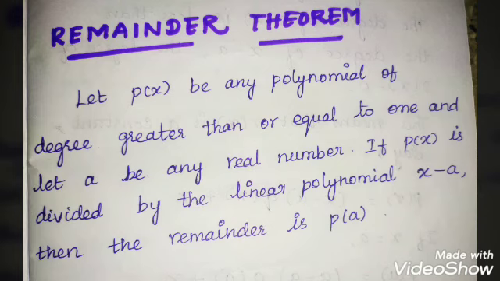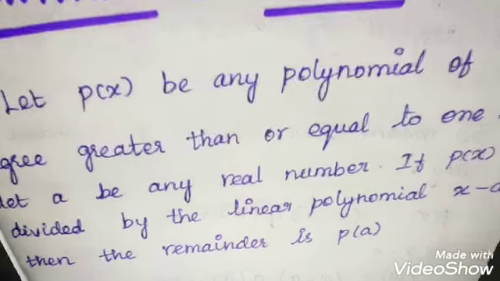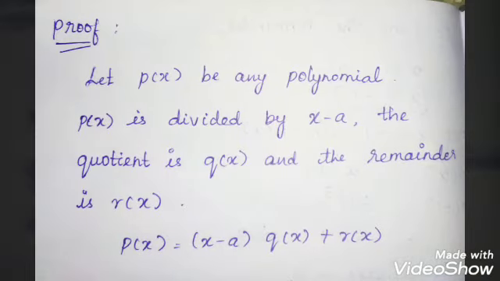This is your statement. P of x is a polynomial. We are going to divide the polynomial by the linear polynomial x minus a. Then what is your remainder? P of a is your remainder. Once again, I am repeating: P of x is a polynomial of degree greater than or equal to 1. We divide P of x by x minus a and we get the remainder P of a.